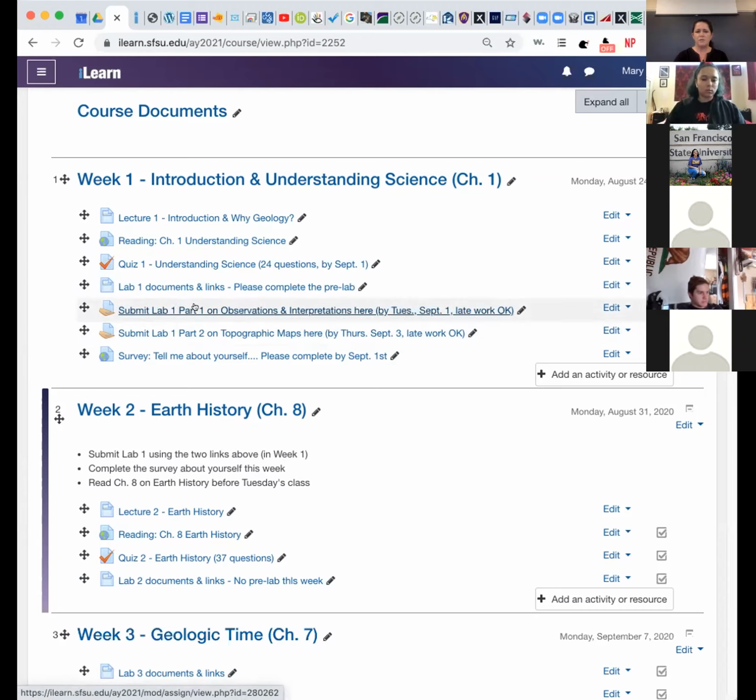So you can do lab 1, part 1 on observations and interpretations here, and lab 1, part 2 topographic maps. I didn't want to call it lab 2 because I was trying to keep the labs the same numbers as the weeks, as to not be confusing. So that's why it's part 2.